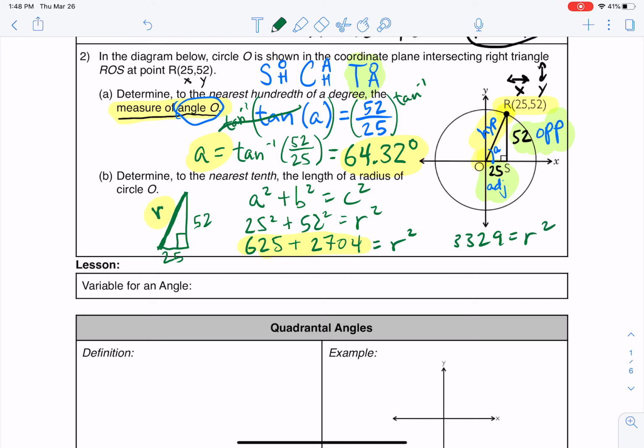To solve for r, I would take the square root of both sides, and I get r equals approximately 57.7. Right, so that's my final answer.